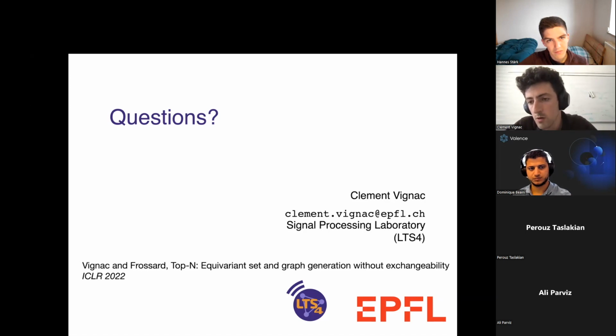In the set to graph paper, they derive some operations that you're allowed to do. One of them is this. In terms of matrices, it's an outer product of the node features. And the other operation that they have there is just broadcasting.